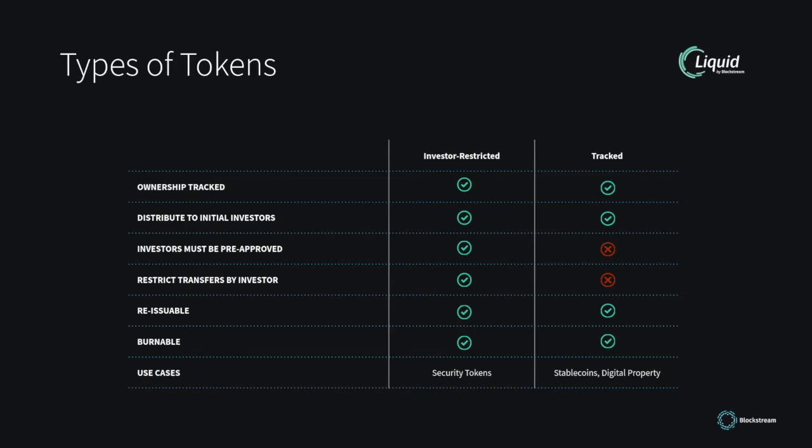So as you can see on the slide, the only differences are based upon the need to pre-approve and register investors prior to those investors being able to take ownership of the token. The ability to restrict who is eligible to take ownership of the token is a key part of delivering security tokens using Liquid Securities, and so the demo will show this in use.